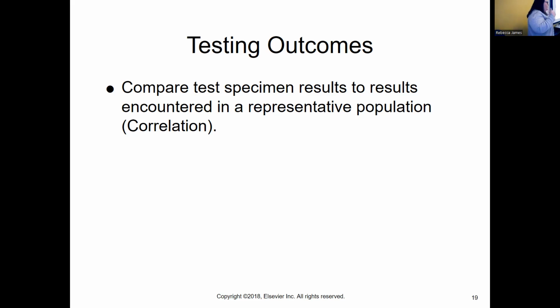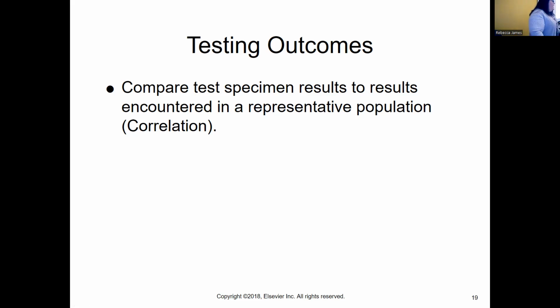And we determine the reference range because we have to test a bunch of stuff. There's a bunch of stuff that goes along with it. But we have to test it and it's called correlation. You compare test specimen results to results in a representative population.